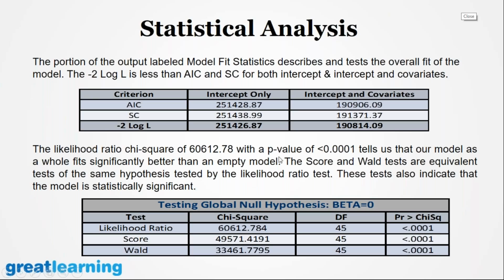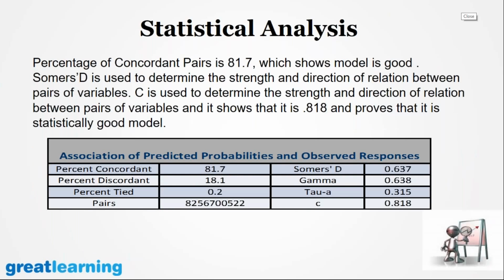The likelihood chi-square with a p-value of less than 0.0001 tells us that our model as a whole fits significantly better than an empty model. An empty model is where you do not have any variable. So there are variables whose coefficients are not 0. That's what this model tells us.